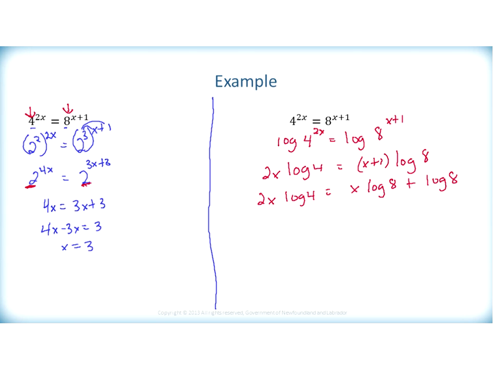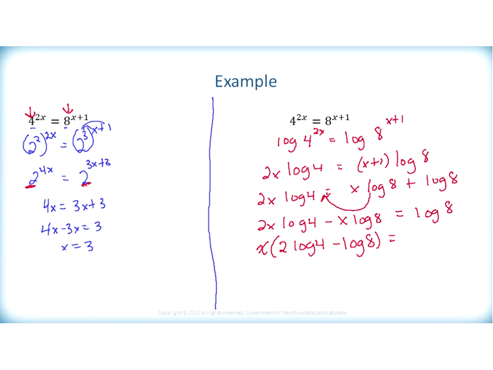And so I'm going to move this to this side of the equation. 2x log 4 subtract x log 8 is equal to log 8. And we have, taking the x outside, x times 2 log 4 subtract log 8 is equal to log 8.